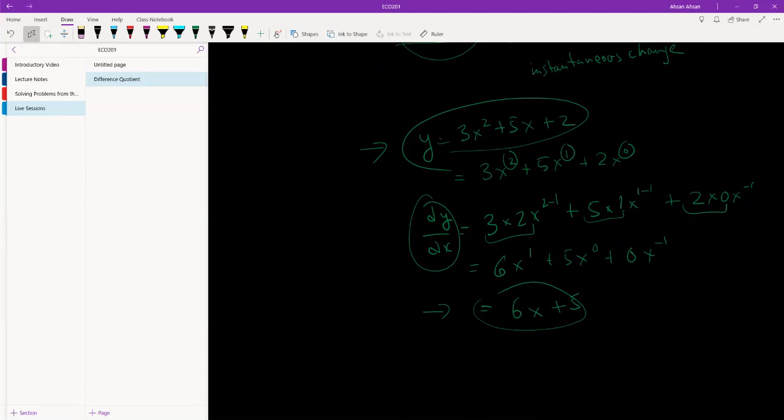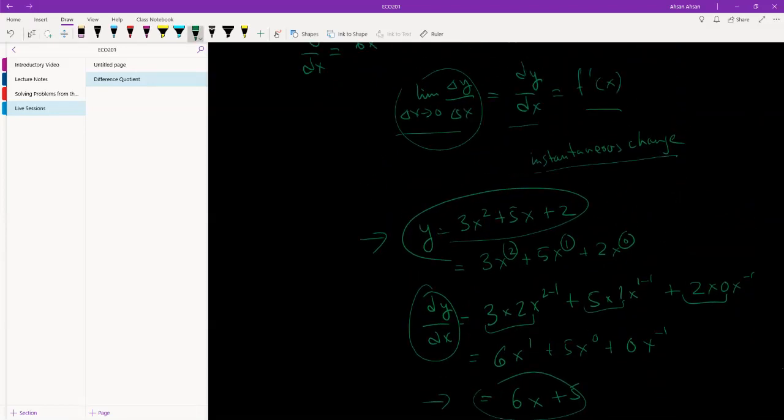As you go through chapter 7 and chapter 8, you will come across some complex differentiation formulas. Just keep in mind that the theory, the understanding behind all of them is exactly the same. All that we're trying to do is calculate the instantaneous change.